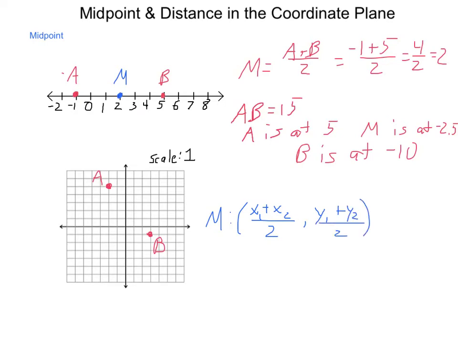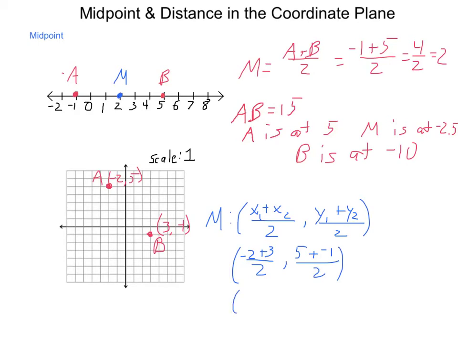So, for the x's, our locations again are -2, 5, and 3, -1. So we're going to take -2 and add 3 divided by 2, and then we will take 5 and -1 and divide that by 2.